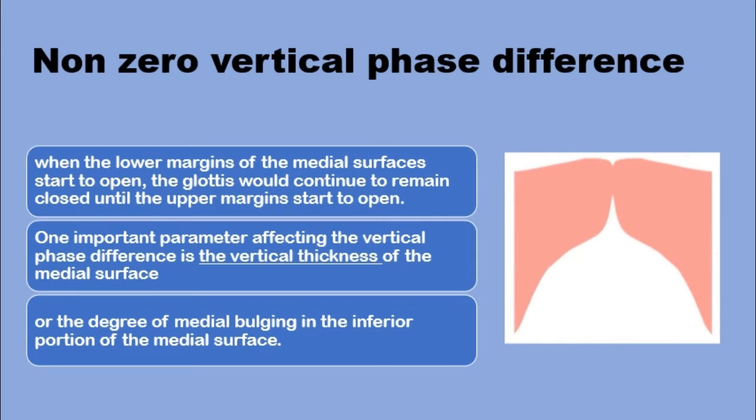Because of the difference in the pace between the inferior and the superior parts of the surface of the medial ends of the adducted vocal fold, when the vocal folds start to open up at the inferior part, it's still closed and maintains closure of the glottis at the upper part.